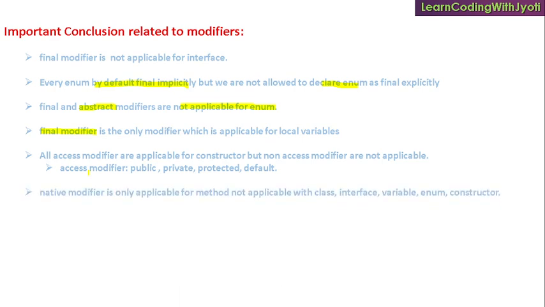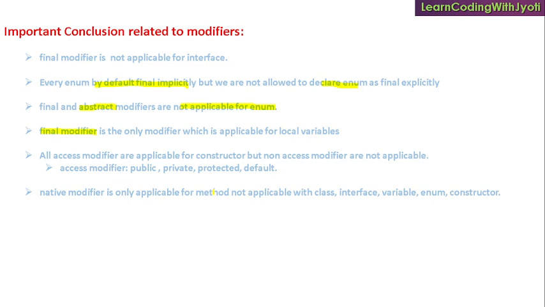Let's see the next. Native modifier is only applicable for method, not applicable with class, interface, variable, enum and constructor. So this native keyword is only applicable for method. We can't use this native keyword with any other, like variable, interface or classes.